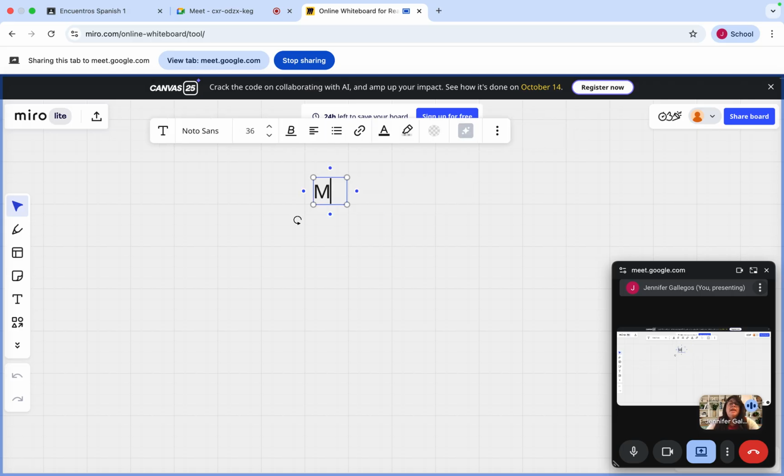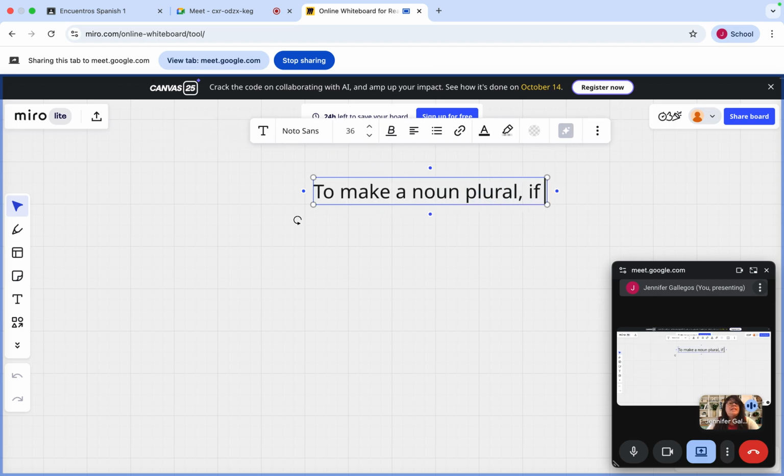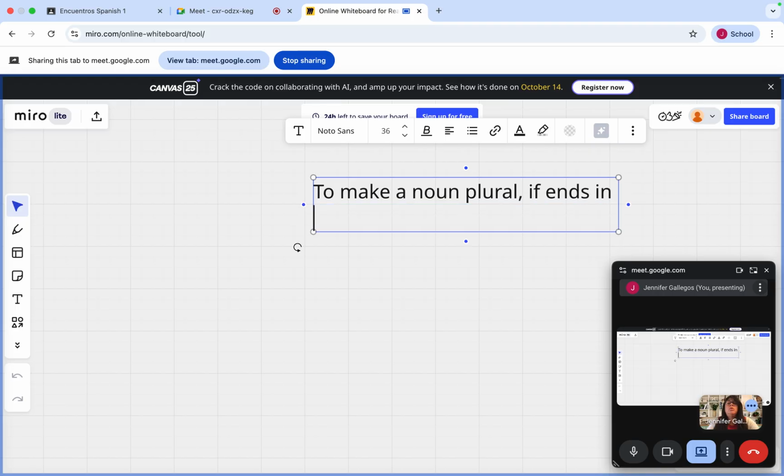So, as I said, to make a noun plural, if it ends in a vowel, we simply add S to the word.